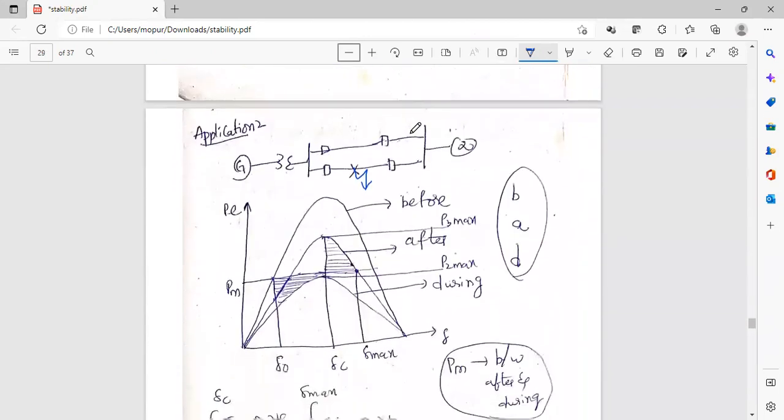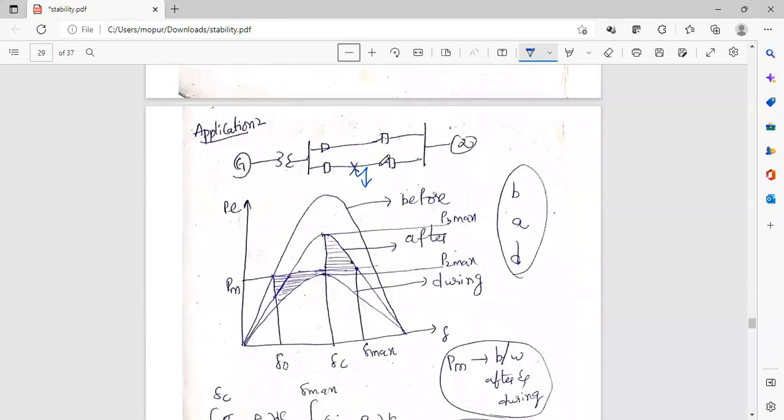So now let us see. Here there is a fault. Now if you draw the graph for the power angle curve before fault condition, after fault condition, and during fault condition, this will be the graph which you are getting. Before will be the highest, then we will be having after, and then during.